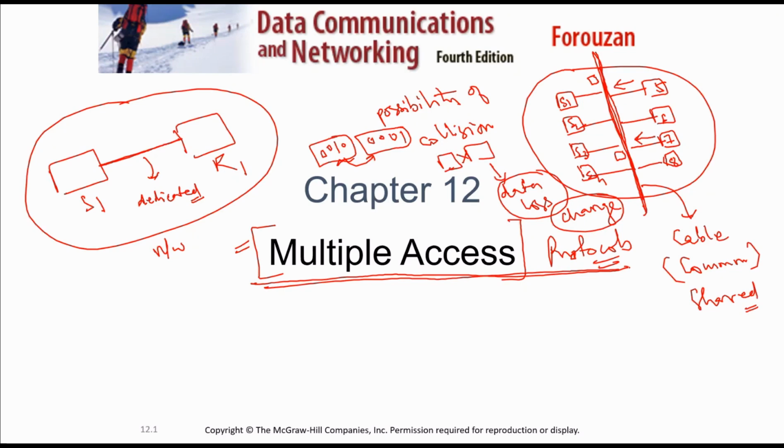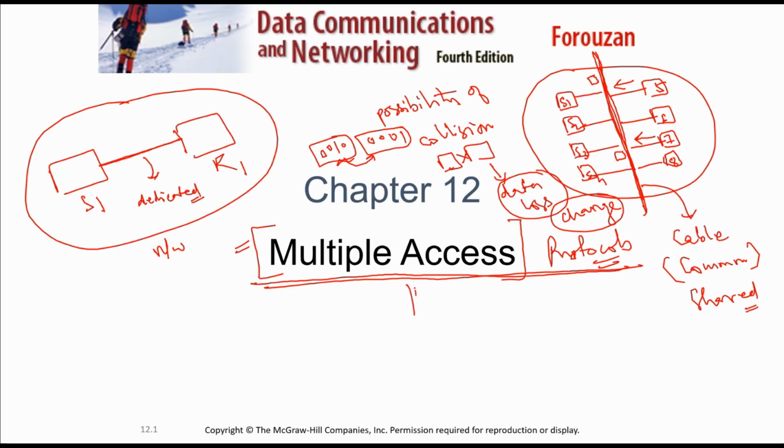Instead of using a single dedicated path, if multiple devices are connected in a network, they should be able to send and receive data. The rules defining how they can access the shared channel to send and receive data are governed by the multiple access protocols. This is called the multiple access protocols.